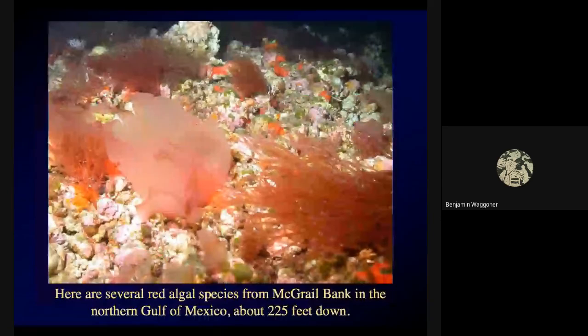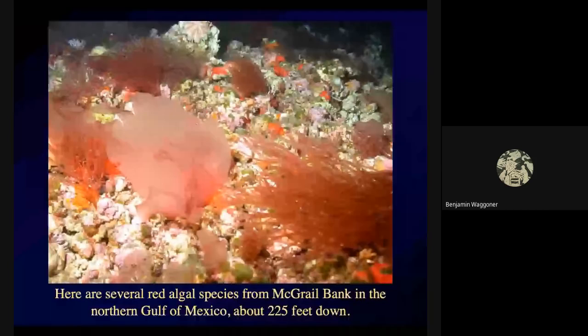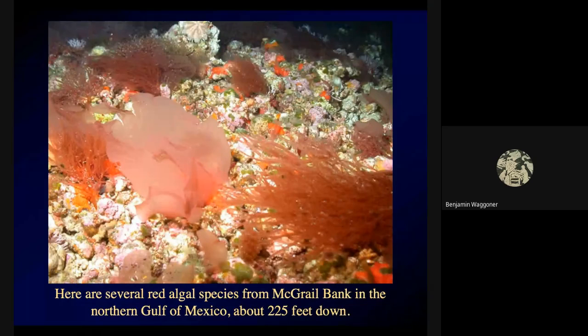And for example, here's some red algae from the northern Gulf of Mexico. Pretty deep, but there are a few shallow spots, and this is one called McGrail Bank. I'm seeing at least two different species of red seaweed, and kind of scattered among the seaweeds, that rocky bottom, some of the pebbles on the bottom look kind of purplish pink.